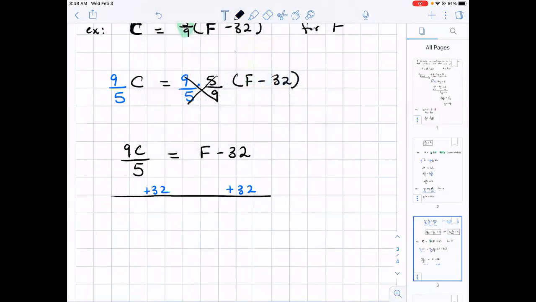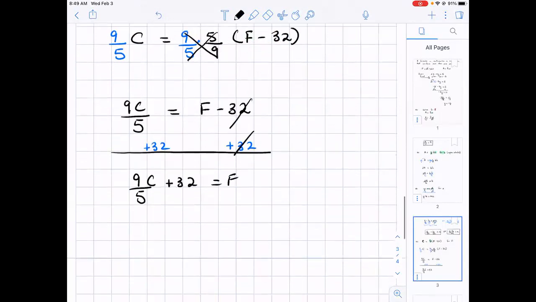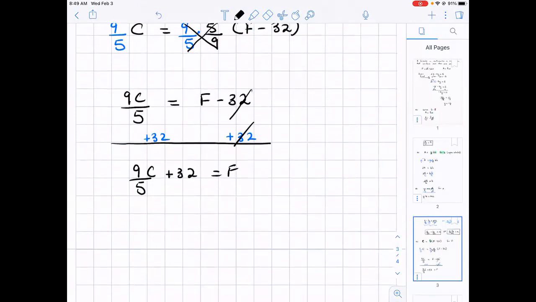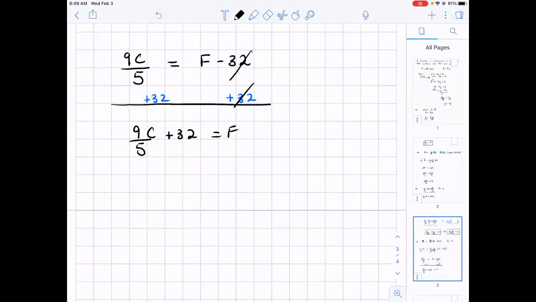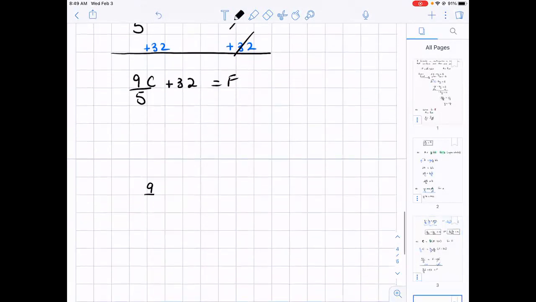And once we do this, we have 9 over 5c plus 32 is equal to f, and the 32s cancel on the right. So here is our final answer. We could write 9 over 5c plus 32 is equal to f, or you could write 9c over 5 plus 32 equals f. Either one of them is correct.